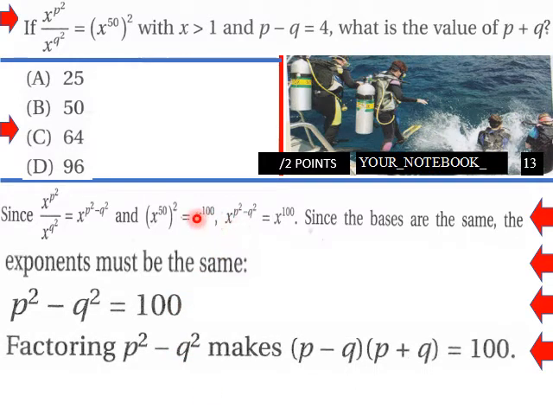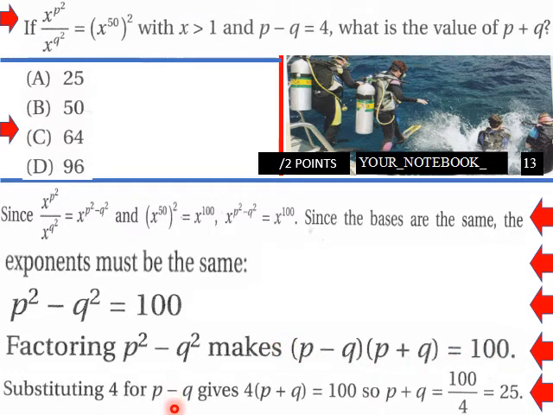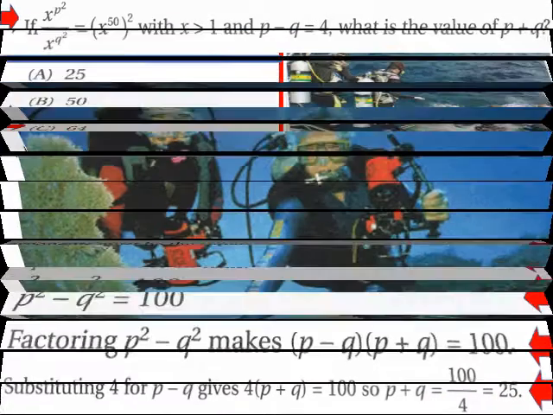Solving this exponential equation here, then factoring for this equals 100. Substituting 4 for p minus q gives this here, so 100 over 4, p plus q must equal 25.